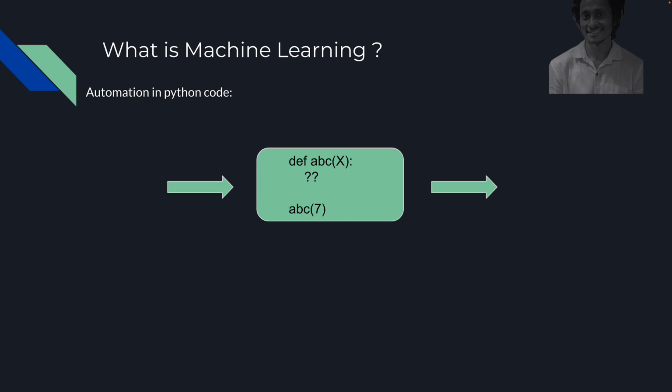In a simple software engineering approach, as you can see here, I do not know what the logic to be written is. Therefore, given an input called 7, since I do not know what the logic is, I do not know what the output is. Therefore, I am unable to automate because I don't know the logic.